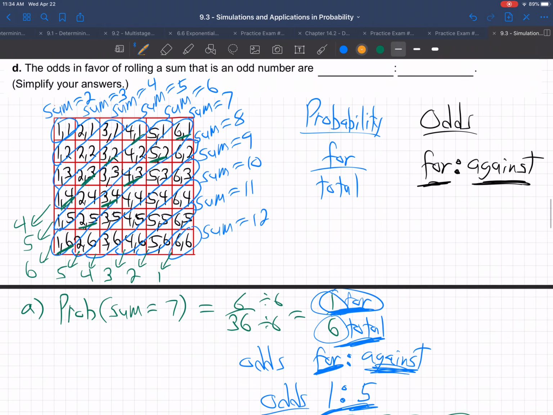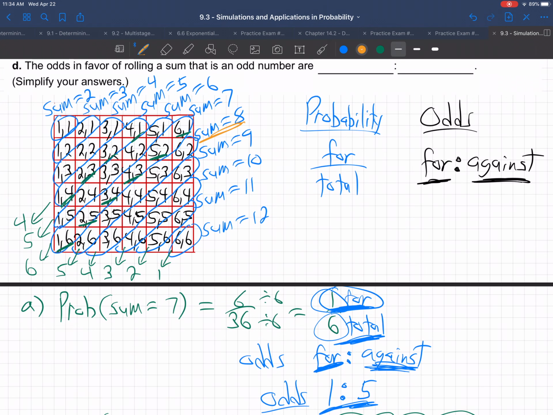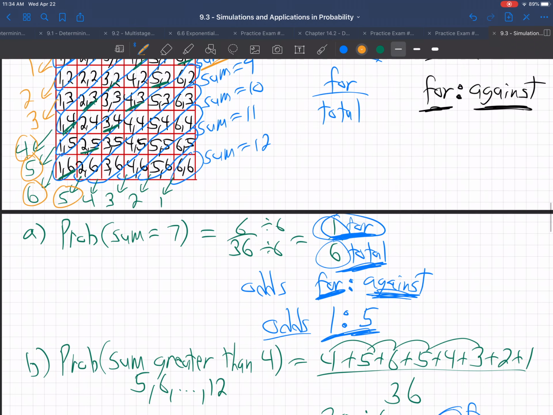Less than or equal. So sum of 8 is that, and then less than. So 7, 6, this. How many here? 3 numbers in this, 2 numbers here, 1 number here. All those boxes are sums 8 or less. So add those up.